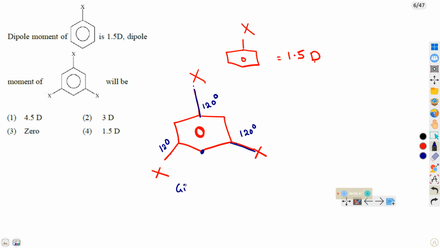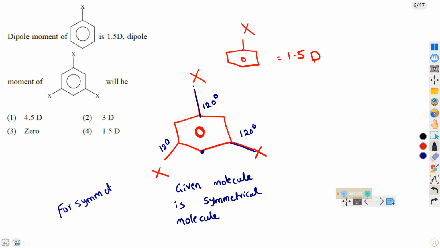The given molecule is a symmetrical molecule. For a symmetrical molecule, the mu value is equal to 0. Based on this, the third option is correct.